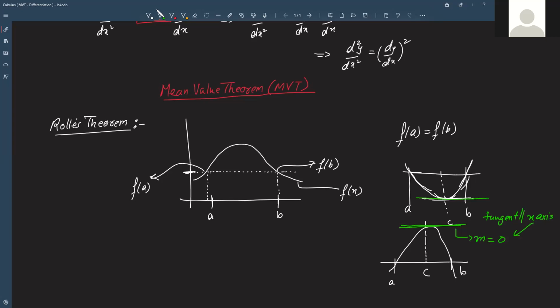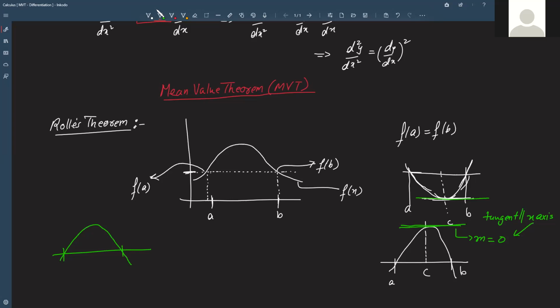So in both cases, if a function gives you the same value for different values of x, that is possible only if the function is returning to that value, either by going up and coming down, or by going down and then coming back to the top. So it has to return.